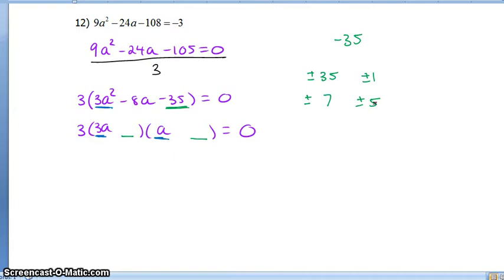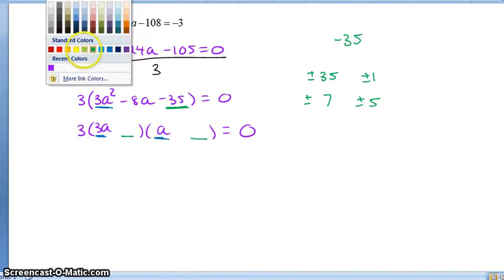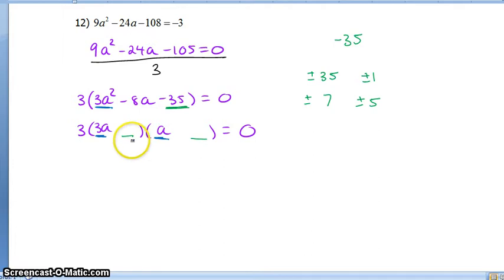Okay, so first of all, I also have to look at the fact that these two terms multiplied together and these two terms multiplied together are going to give me this term here, this negative 8a, when I add them together. I multiply the inside and the outside, and I get that middle term.